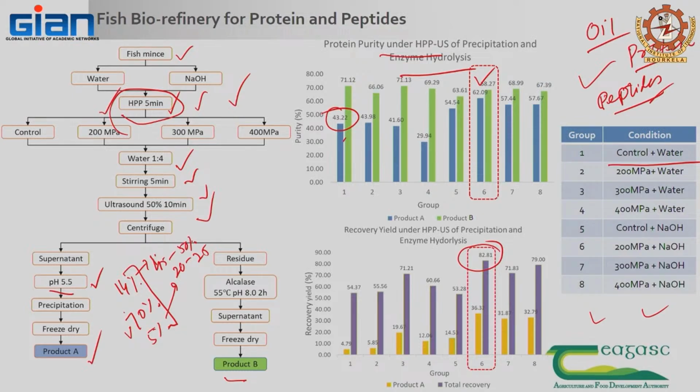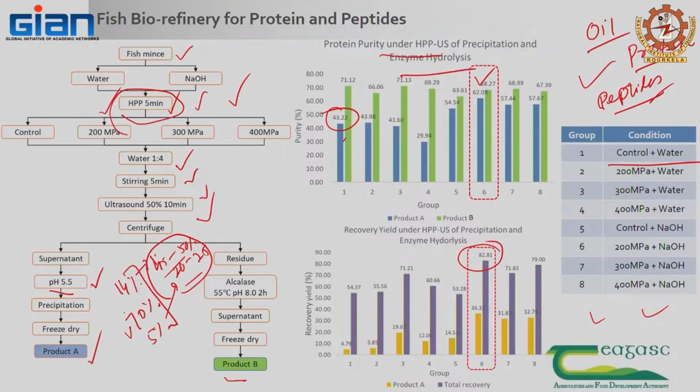Then if this goes for supercritical fluid extraction or hexane for recovery of fat or lipid, this protein may become 50 to 70%. This is the complete dry fractionation route.